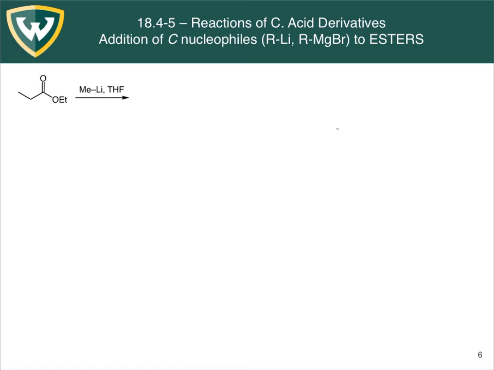Okay, so that's the key challenge here, is remembering that you're actually going to add twice. And even if the equivalents of the reagent are not specified over the reaction arrow, the reaction is still going to proceed multiple times. So let's take a look.